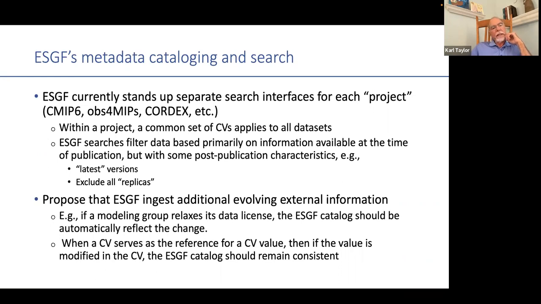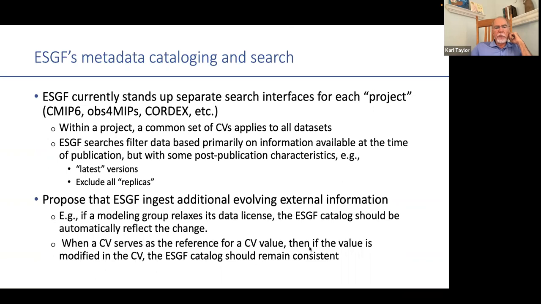When it's published, it's the latest version, but later on it could be deprecated, for example. Also, we indicate whether a data set is a replica or is the original copy of the data set. So these things appear in the controlled vocabulary, in the catalog, and they can change post publication of the data.